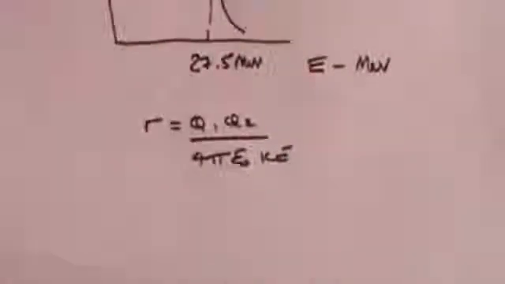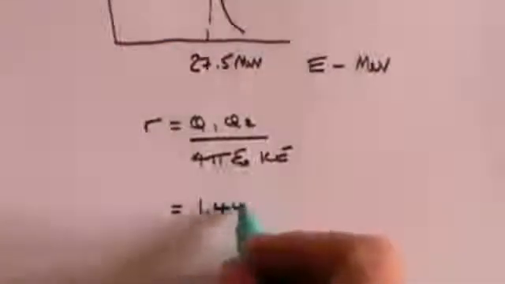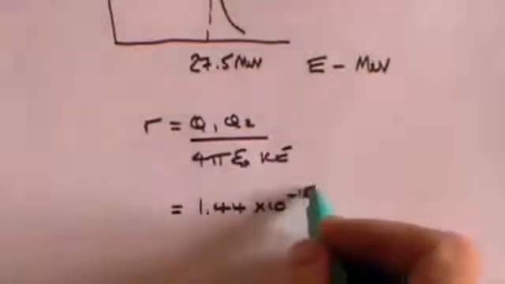And we said that you would simply calculate that by putting in the values of the number of protons in the alpha particle, the number of protons in the nucleus, divided by the energy, multiplied by that constant that we sorted out before. Well, the constant we said was 1.44 times 10 to the minus 15.